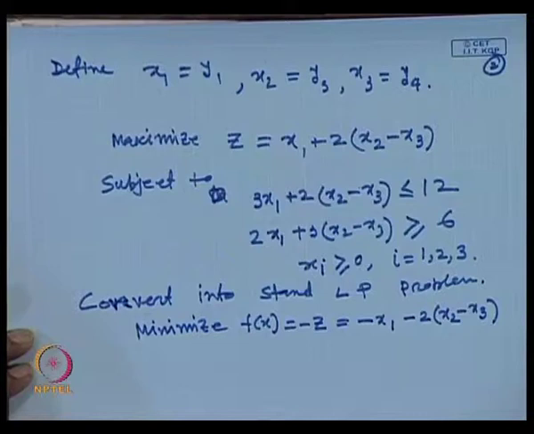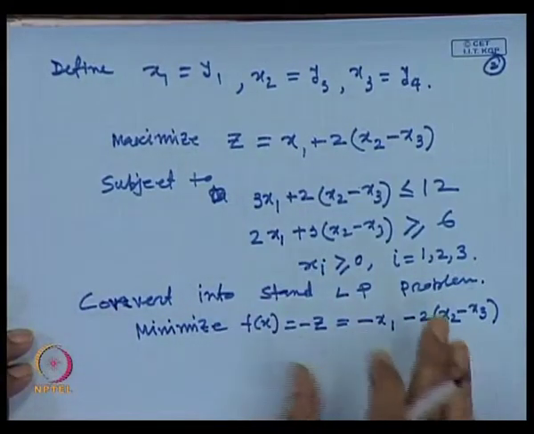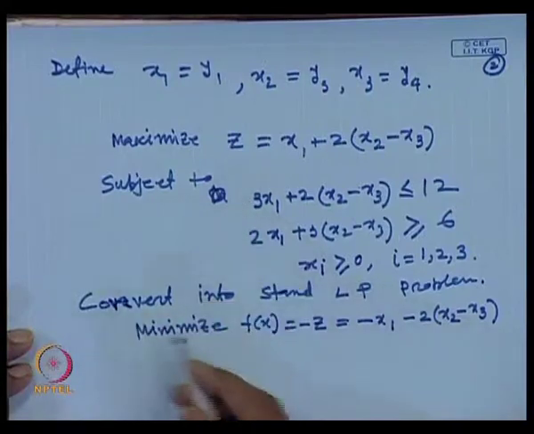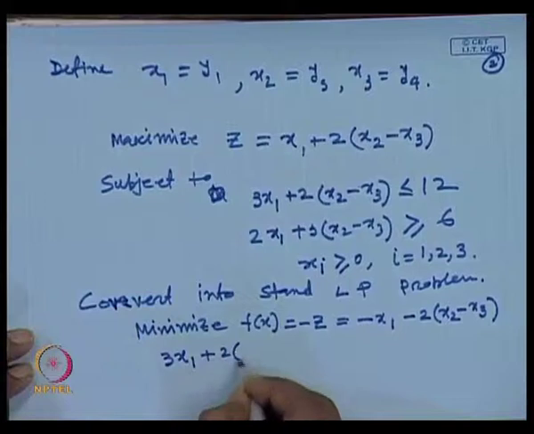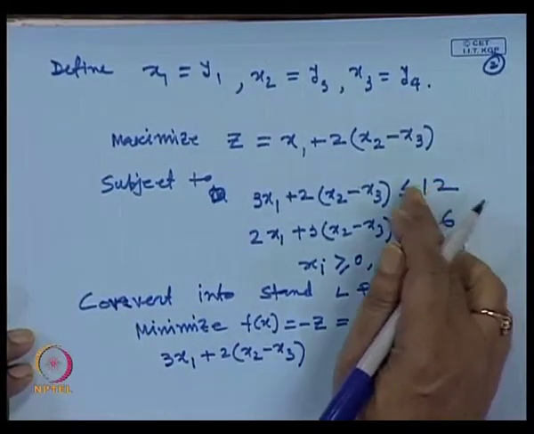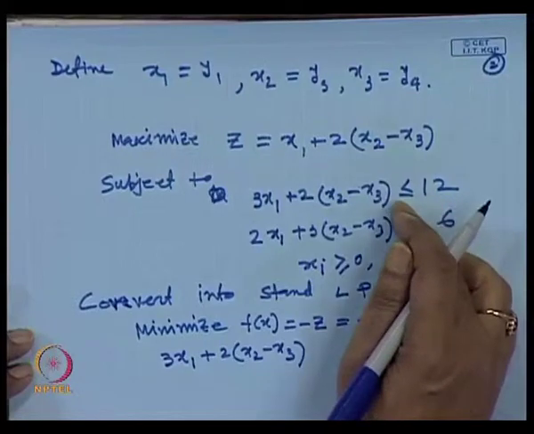And we have to convert all inequality conditions into equality conditions with the right hand side a positive constant quantity. So, let us say this one we will write 3 x 1 plus 2 x 2 minus x 3, and this is less than or equal to 12.